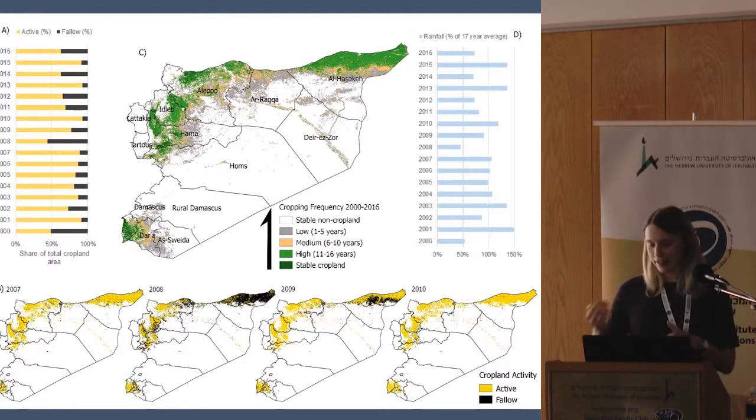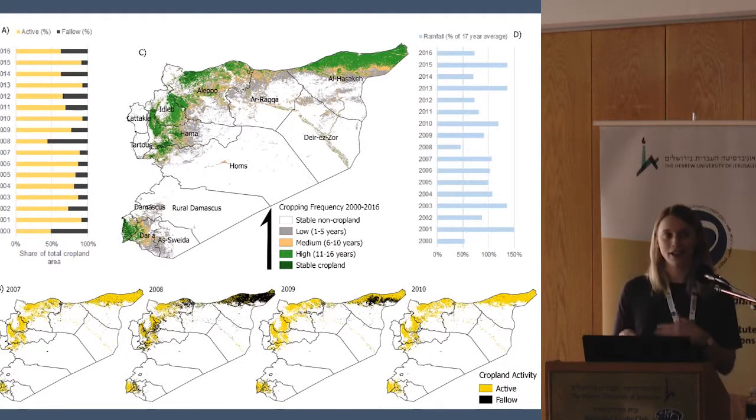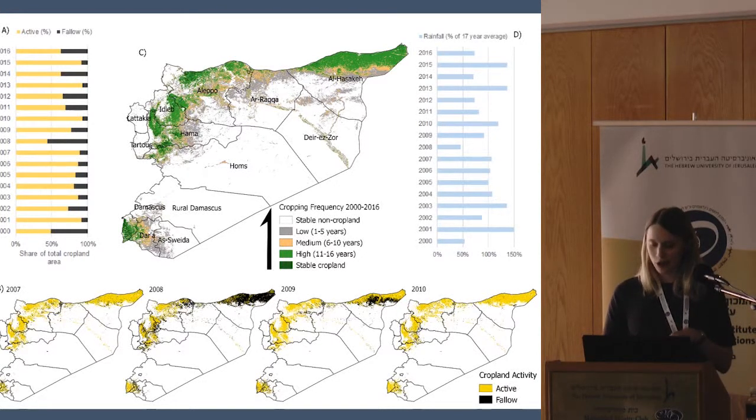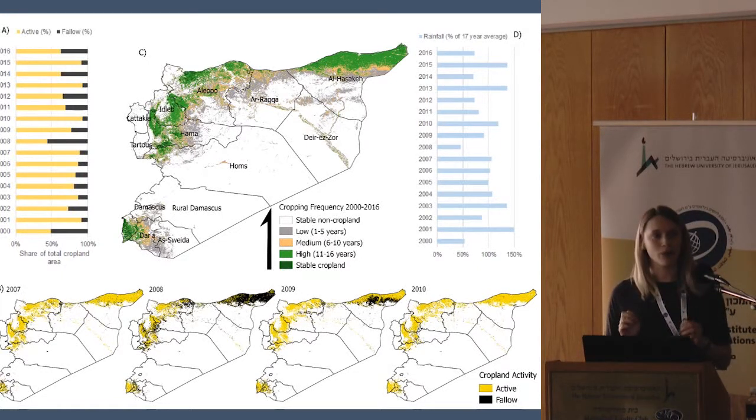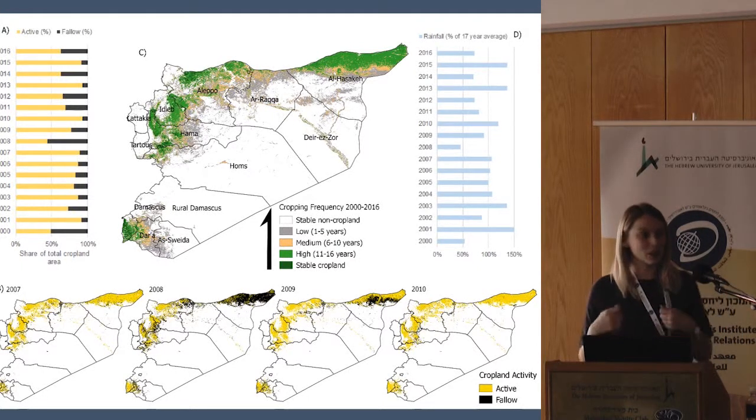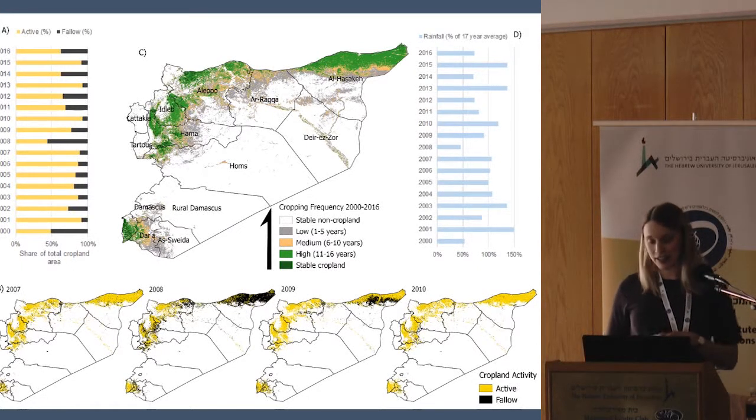And in 2009, again, you see a recovery in the northern part of the Al-Hasaka governorate, which corresponds to the areas in the big map where you have high intensity cropland. So this is probably the best cropland areas that you really want to cultivate.